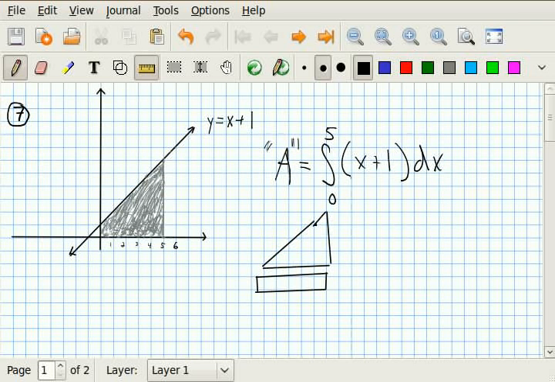So there's my rectangle and my triangle. It kind of looks like a triangle if we were to cut it off right here. That would be just a little triangle, but below that I have this little rectangle piece. Well, in geometry we have a formula for area of a triangle and area of a rectangle. So I'm going to break this region into those 2 pieces and use my formulas from geometry.